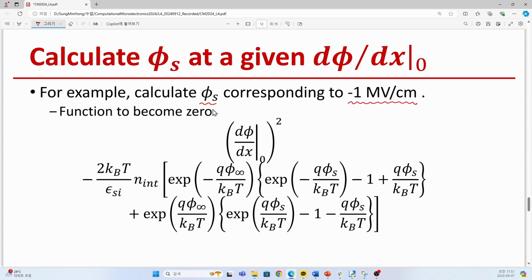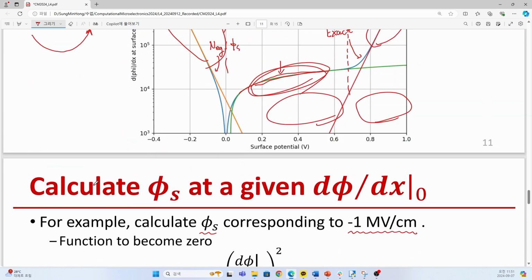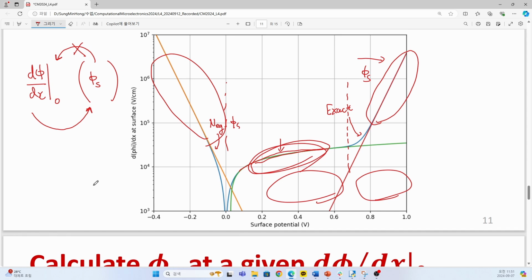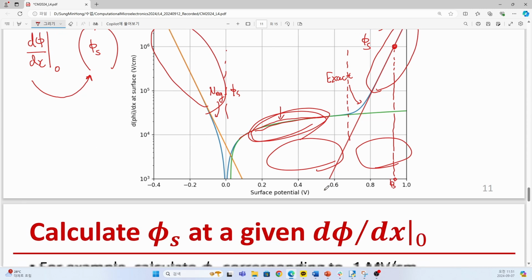Of course, if we have these graphs, then you can find that maybe graphically, somewhere around here, we have surface potential corresponding to minus 10 to the 6 volt per centimeter, the surface gradient.